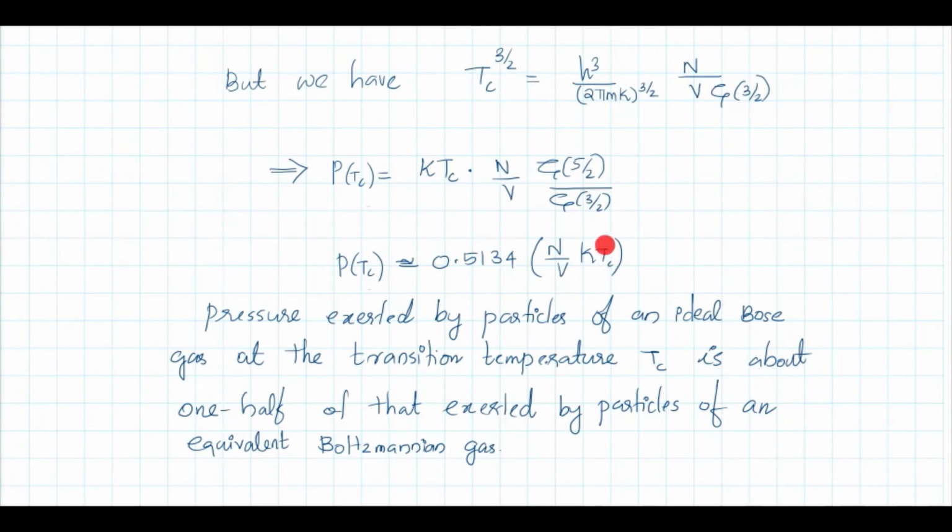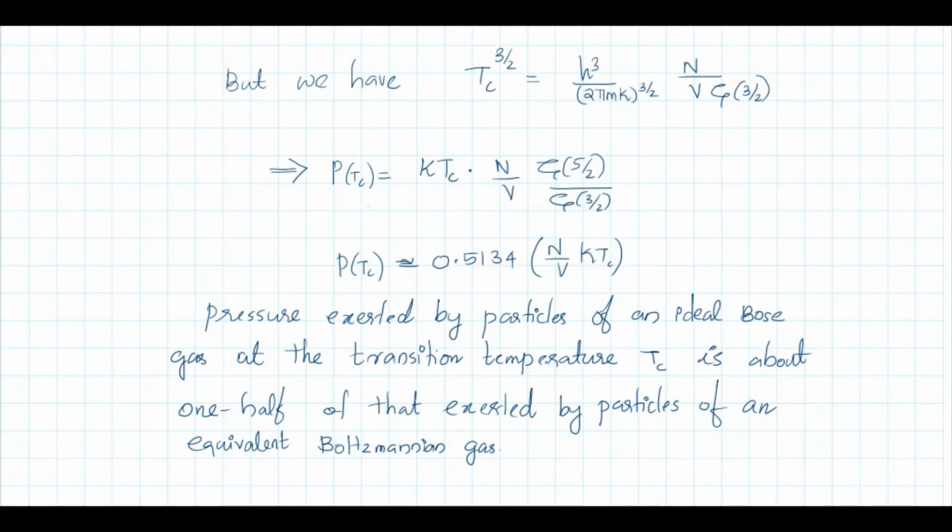But Tc is the critical temperature. Pressure is given by P of Tc. N is the number of particles, V is the volume, K is Boltzmann constant. You know that for an ideal gas, PV equal to NKT, or P is NKT by V. But for a Bose gas at the transition temperature, the pressure is only one half of the pressure of an ideal gas.